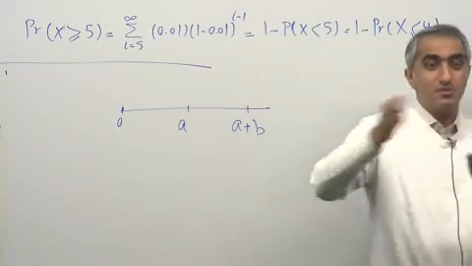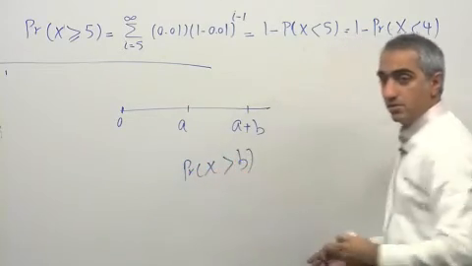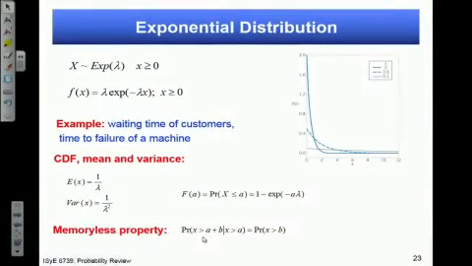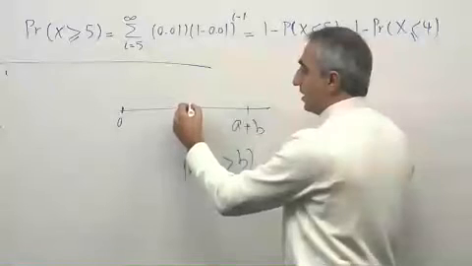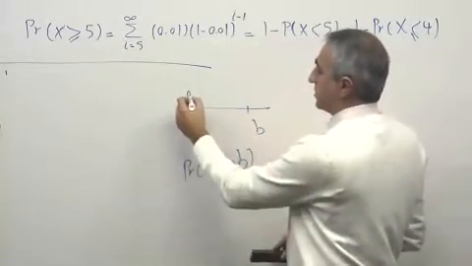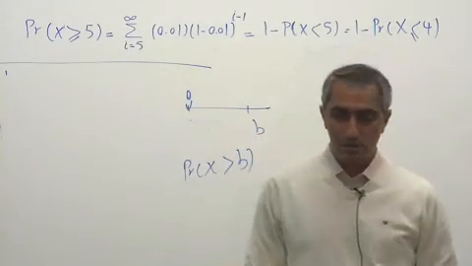So forget about that first A and just calculate the probability of X greater than B. As you can see, instead of calculating this conditional probability, which is X greater than A plus B given X greater than A, we just get rid of A, and it is equal to the unconditional probability of X greater than B. It means we restart the process again right here. Nothing happened before. So this is the new 0, and this is going to be B. That's the same thing. It's called the memoryless property.